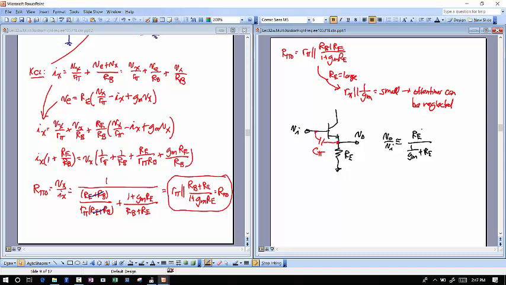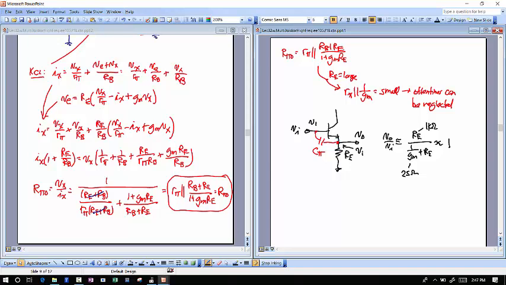How big is RE? Maybe that's 1 kilo ohm. How big is 1 over GM? 25 ohms. Gain's about 1 across this, right? If the gain is about 1 across this, then if I have some voltage V1 here, I'm also going to have that same voltage V1 there, right?